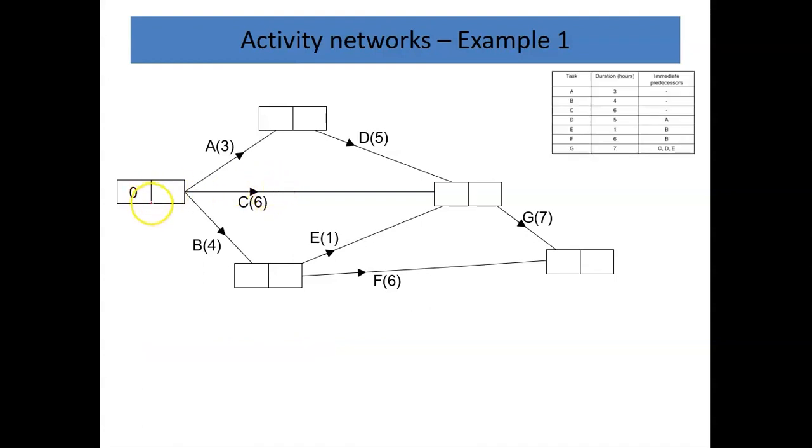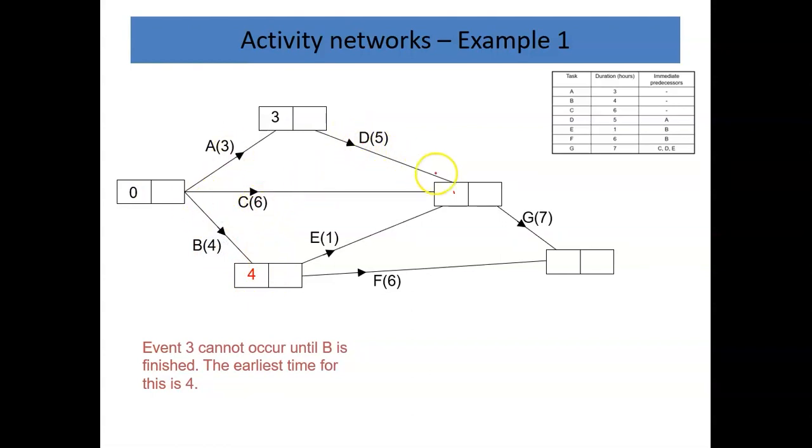Then the next question is what can I do after the 0? Activity A is going to take me 3 days, hours, whatever, so this becomes a 3 there. All I've done is say that 0 plus 3 equals 3. I can do the same for B: 0 plus 4 gives me 4.